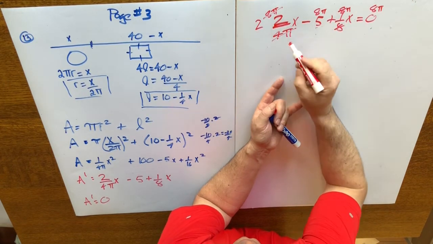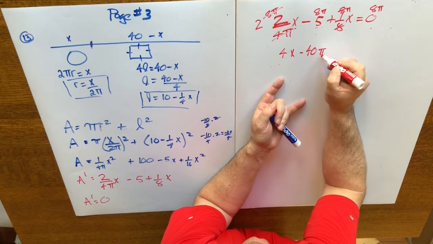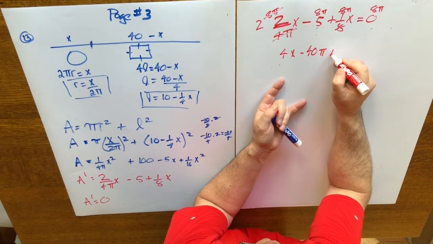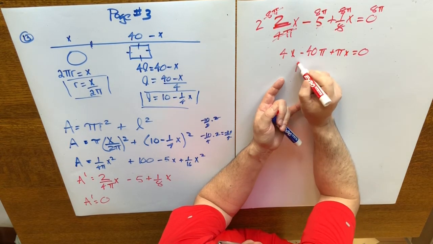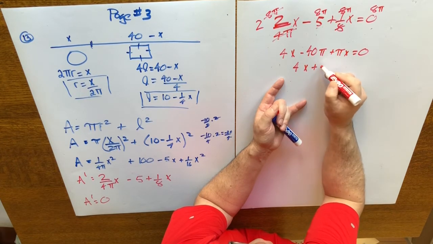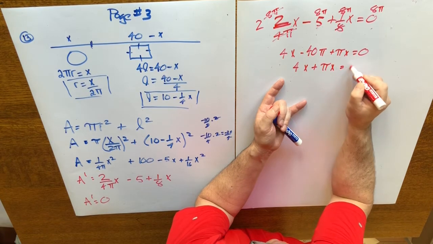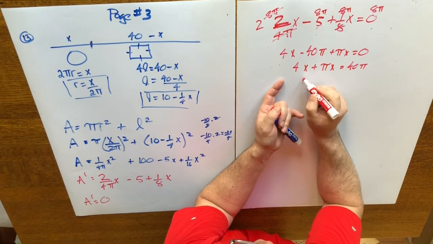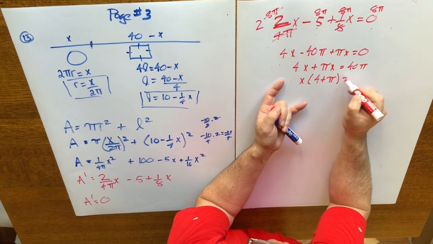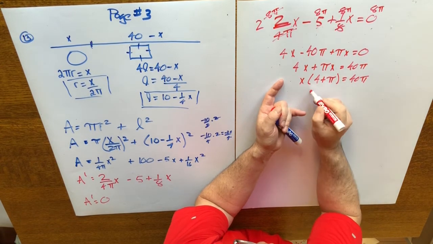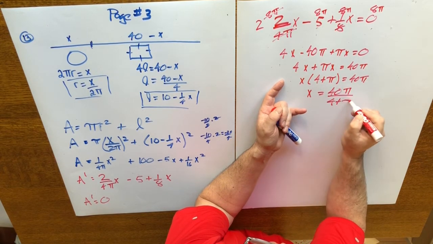So I'm left with 4x minus 40 pi plus pi x equals 0. 4x plus pi x equals 40 pi, common factor out x, so x equals 40 pi over 4 plus pi.